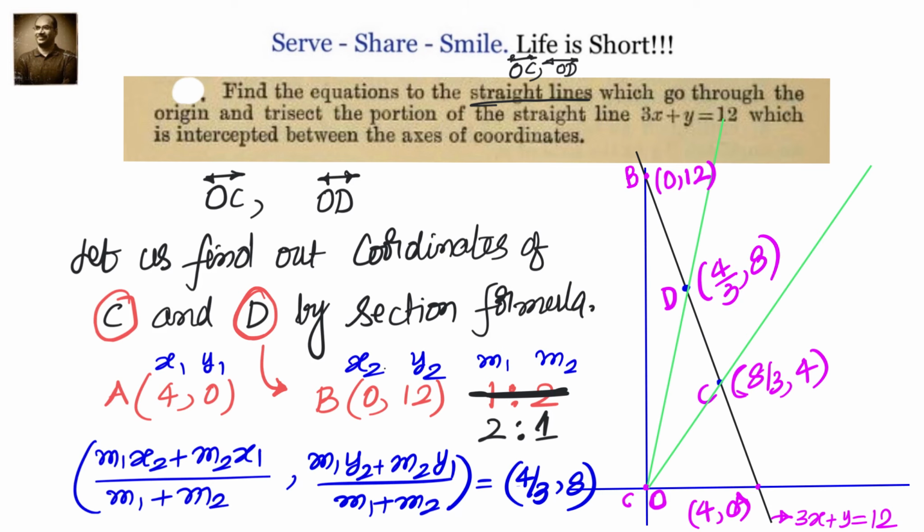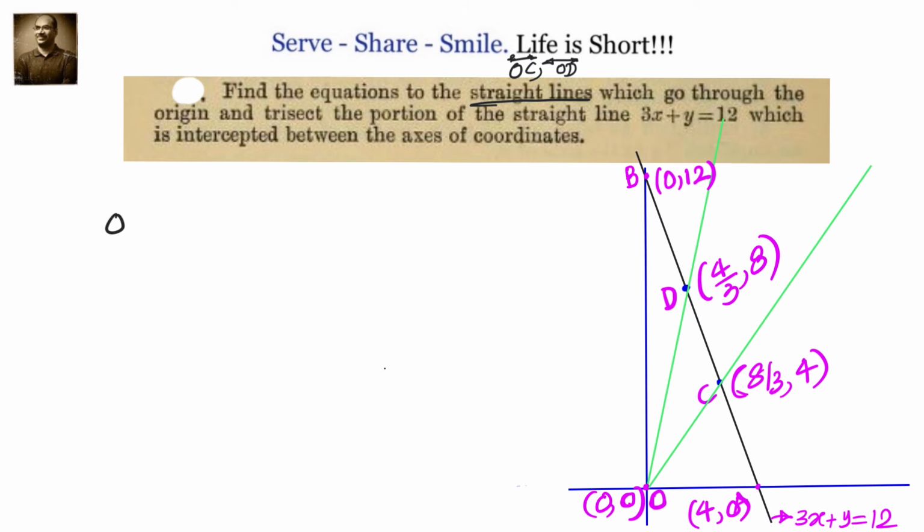Now once we know the coordinates of C and D, it's very easy because any line which is passing through the origin has the equation y equals mx. So we just need to calculate the slope. Slope is the difference of y coordinates by the difference of x coordinates.